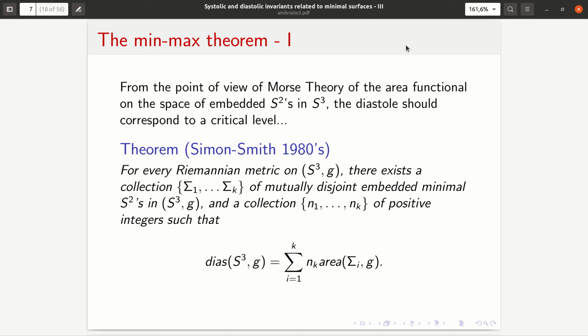So in particular, there exists on every Riemannian three-dimensional sphere at least one embedded minimal two-sphere.